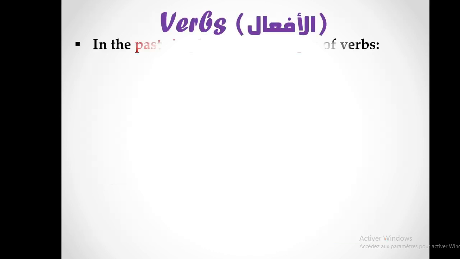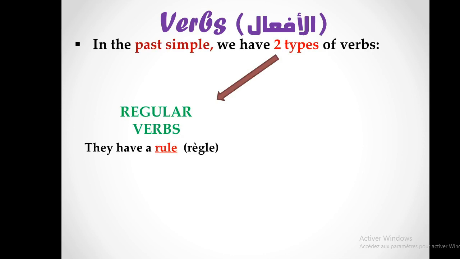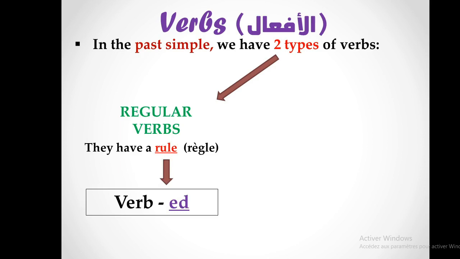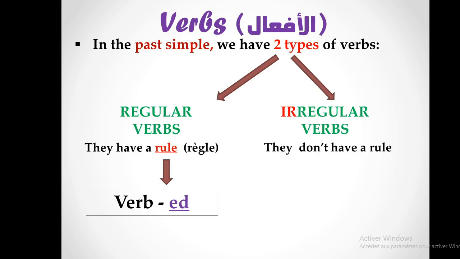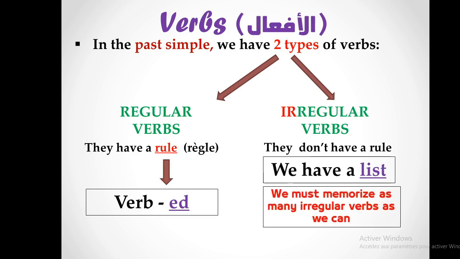Verbs. In the past simple we have two types of verbs. The first type is regular verbs. They have a rule, une règle, which is verb plus ed. The second type, which is more difficult, is irregular verbs. They don't have a rule, but we have a list. We must memorize as many irregular verbs as we can.